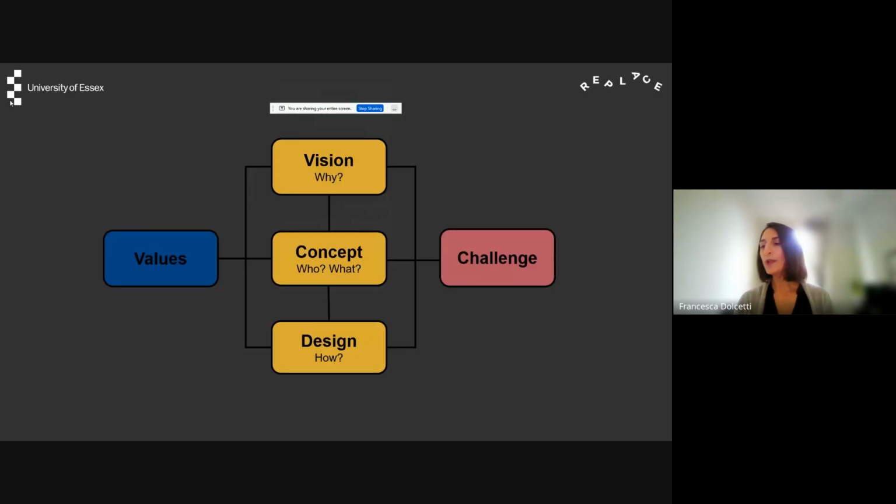The toolkit is composed of 5 decks of design cards that are values, vision, concept, design, and challenge. Each one is associated with a specific stage.